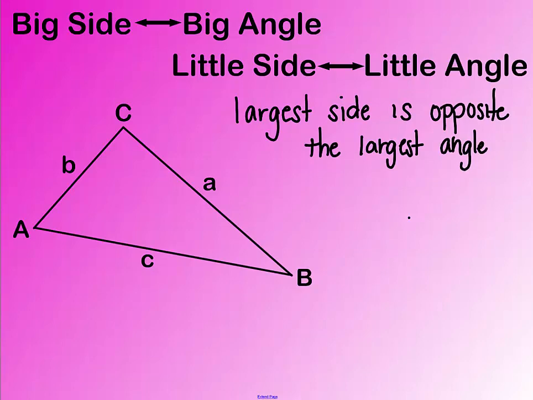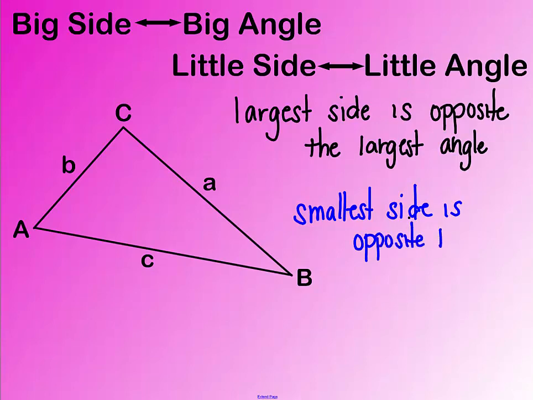The largest angle is opposite the largest side, and the smallest side is opposite the smallest angle.